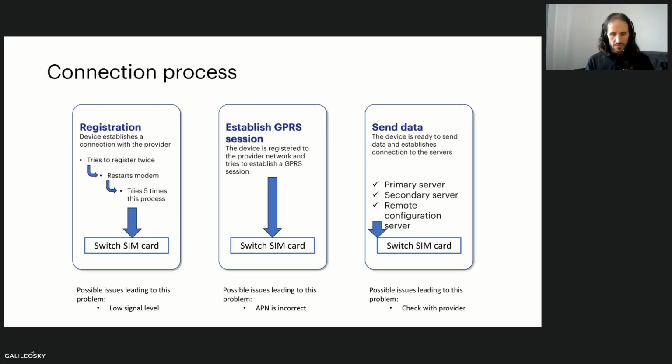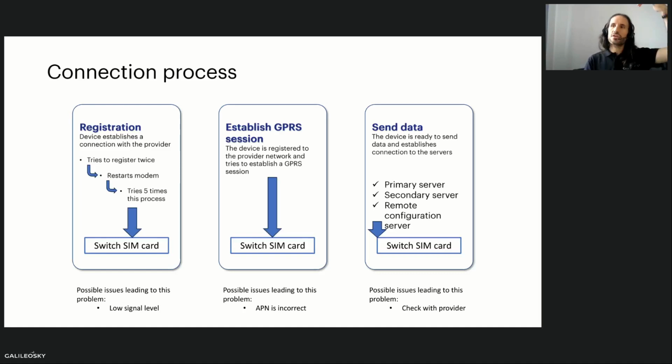If the device is able to send data to one of these servers, it's not important which one, the terminal will decide that there is connection, everything is fine, so there's no need for switching, okay? If it fails, it will switch, it will try to do the same, it will try to register again.